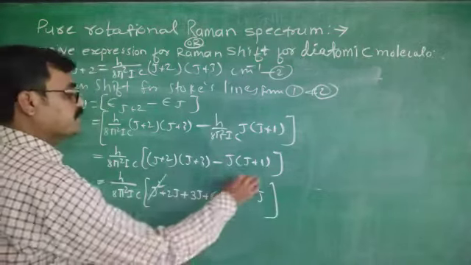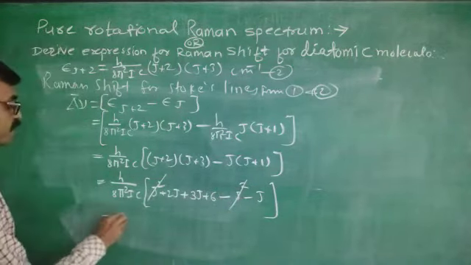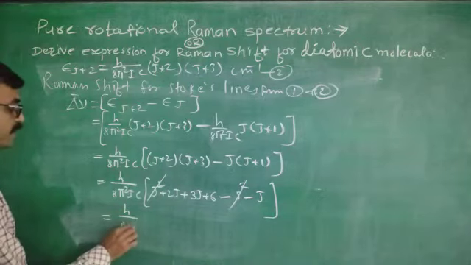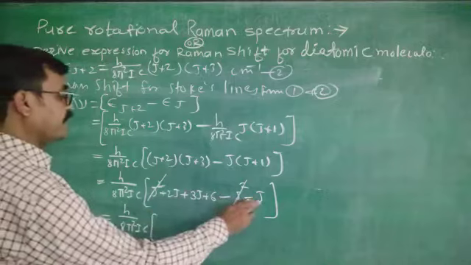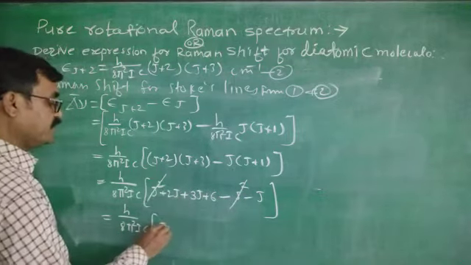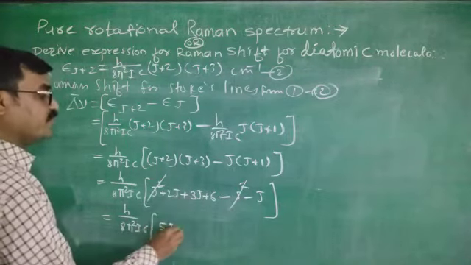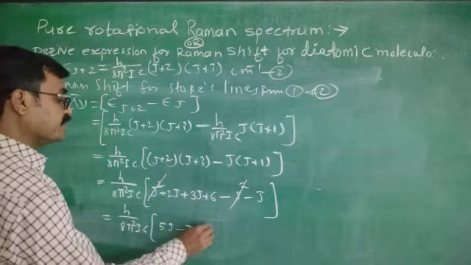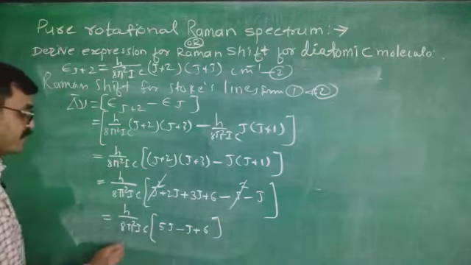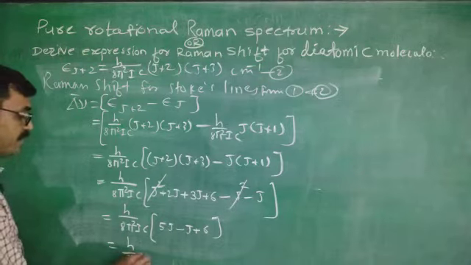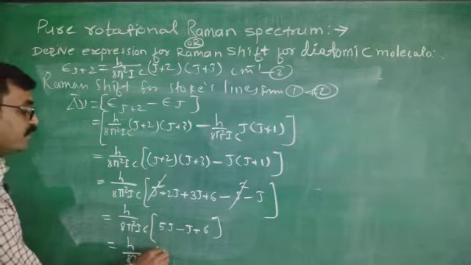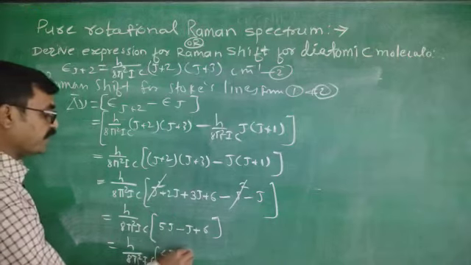Plus j minus j cancel, then it will be h upon 8 pi square Ic. Now 2j plus 3j is 5j, minus j, plus 6. Then after solving this, h upon 8 pi square Ic, it will be 4j plus 6.